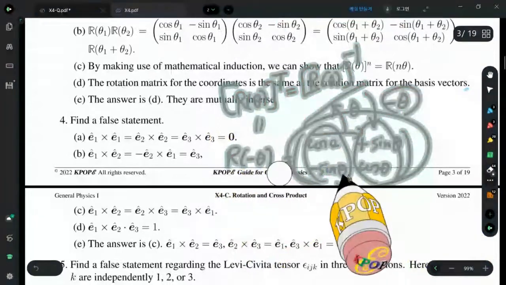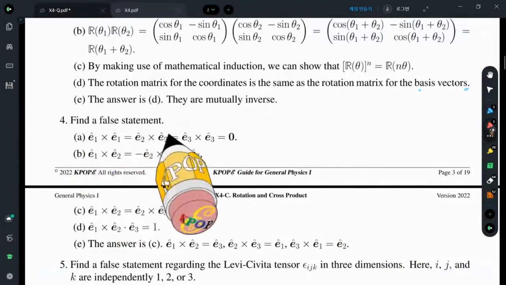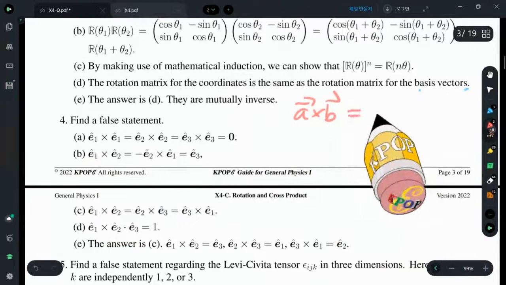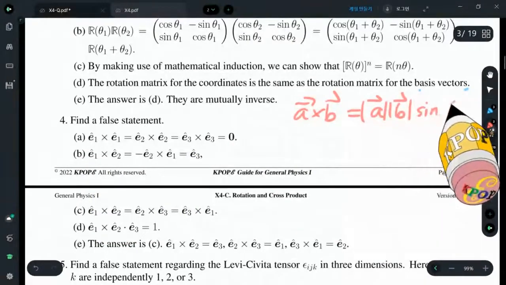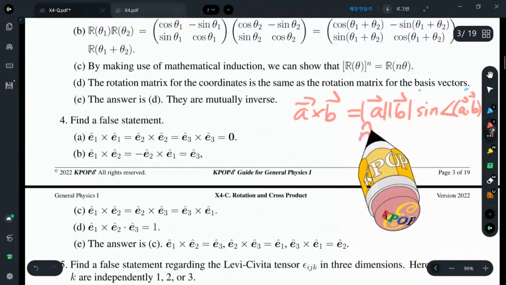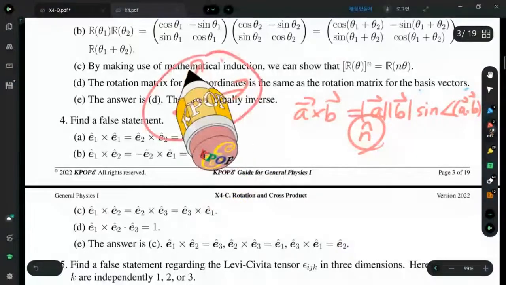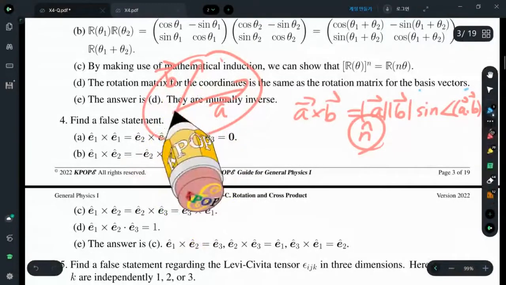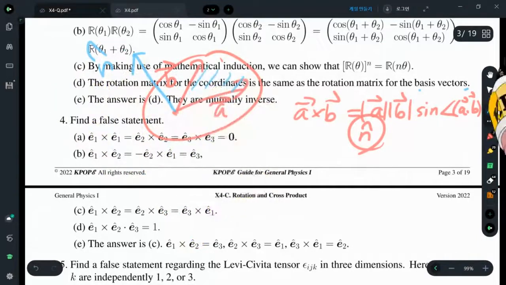Next, we consider cross product. Cross product, A cross B equals magnitude of A, magnitude of B, sine of the angle between A and B. And it is proportional to the vector that is a normal. This A and B construct a plane, and N should be perpendicular to this plane, right?